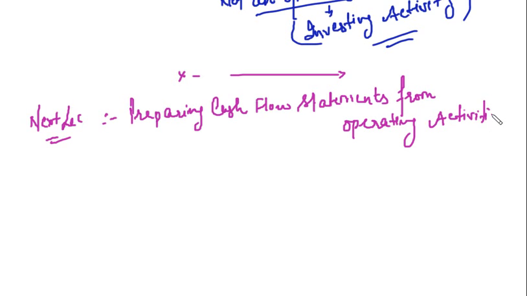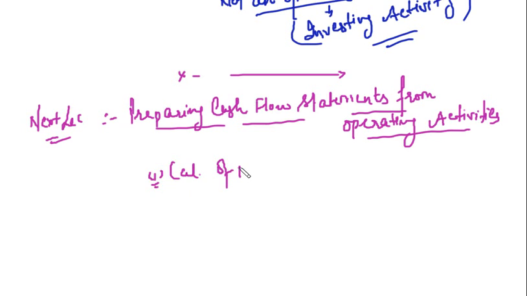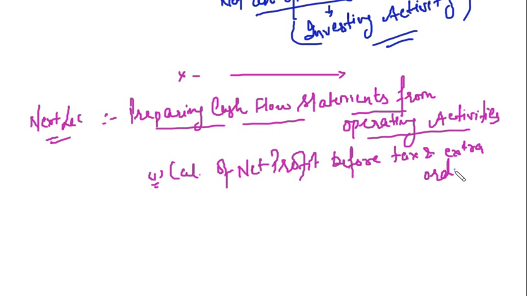In this, we have a few divisions. I will teach this topic in divisions. So in the next lecture, we'll start with the first element of this, that is calculation of net profit before tax and extraordinary items. Right? So this is what we are going to deal with in the next lecture.